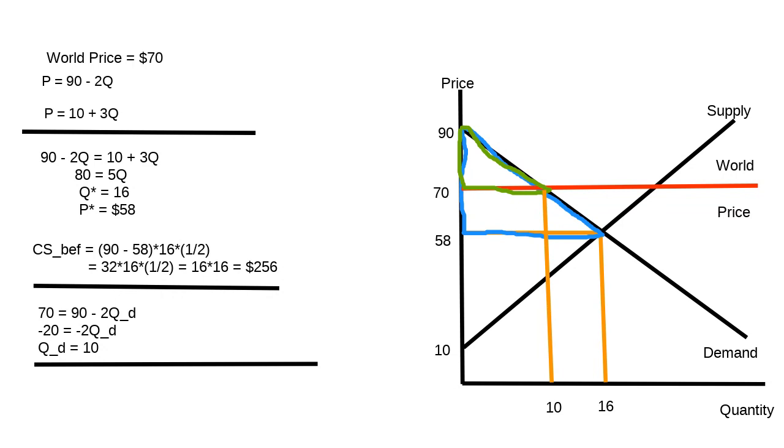And so now it's 90 minus 70 times 10, divided by 2. And then we'll have 20 times 10 over 2. This will equal 10 times 10, which equals 100.